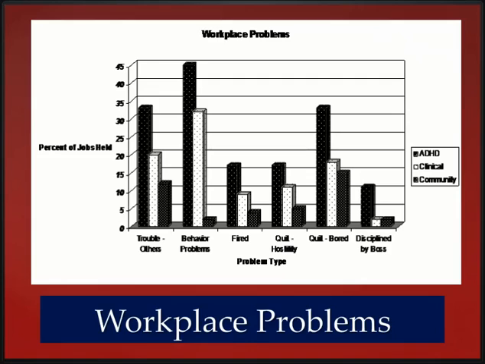The ADHD adults also had had more jobs in which they had behavior problems, more jobs from which they had been fired, more jobs that they had quit over hostility with their employer or with other individuals. They also reported having quit a higher percentage of jobs simply out of boredom, as I'd mentioned earlier. And finally, they reported a higher percentage of jobs in which they had been formally disciplined by their supervisor. So it's clear that adult ADHD interferes significantly with workplace performance.